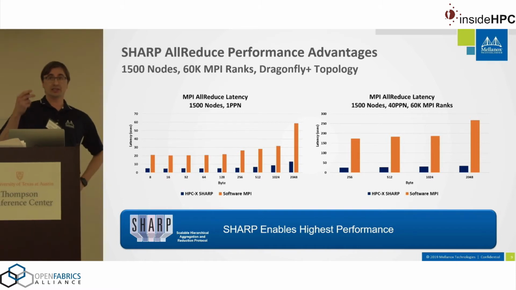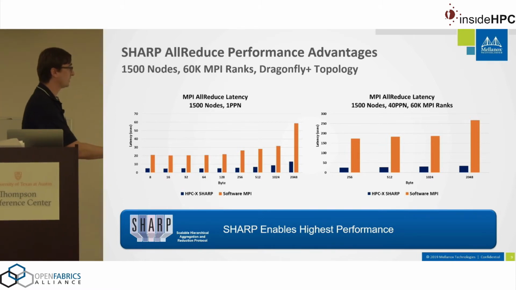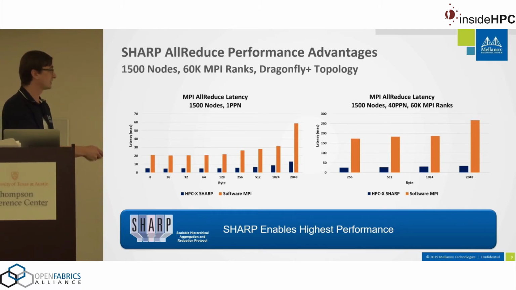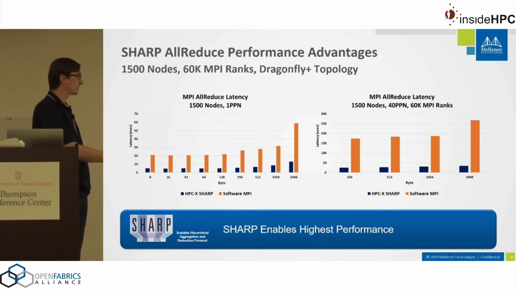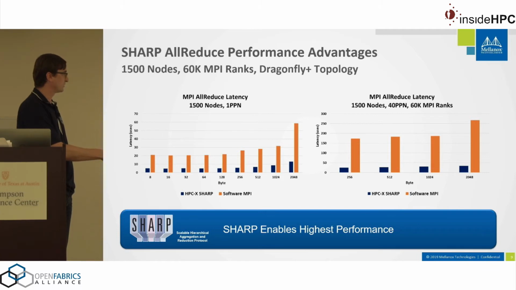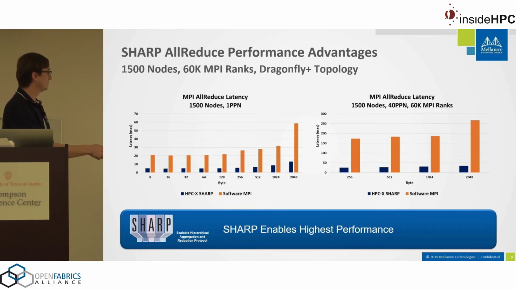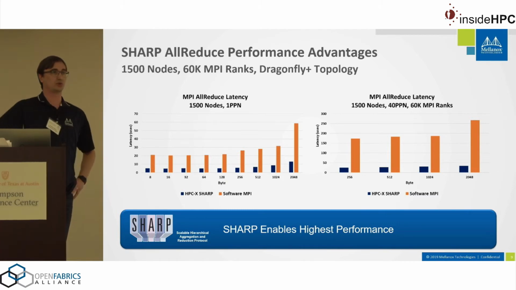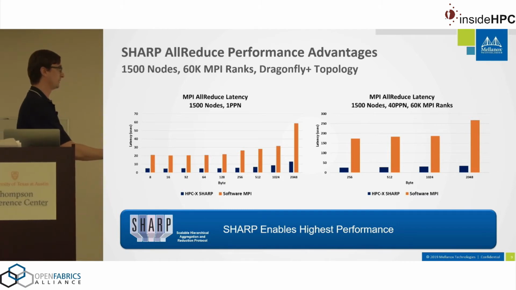But then when you increase the scale 40 times, that is to say 40 ppn, you're measuring now 60,000 MPI tasks. And at that scale, you can see that for these sizes, you remain relatively flat, and it's really a small increase, versus the software-based solution, which goes from running at close to 60 microseconds at 1 ppn, and then of course if you start adding more ranks onto the node, you're measuring over 250 microseconds.